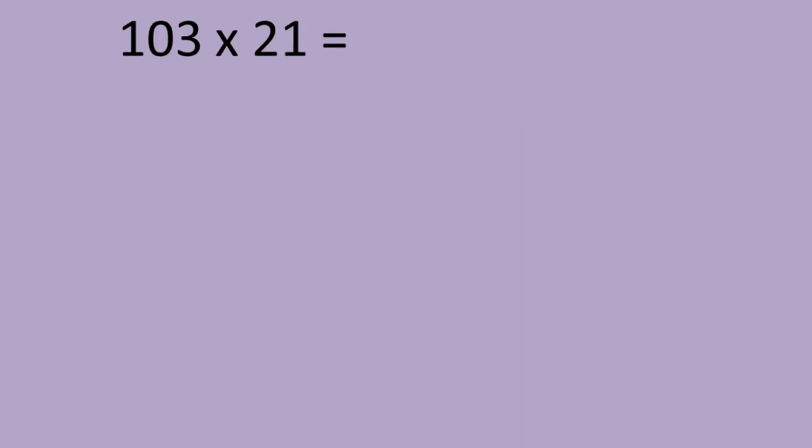How about when we have a 0 in the number that we are going to multiply? For example, we have 103 times 21. So we have 0. Okay, so we do the usual. We have 1.